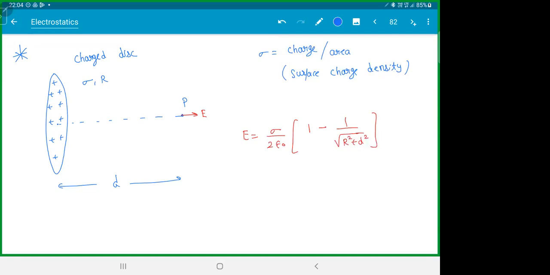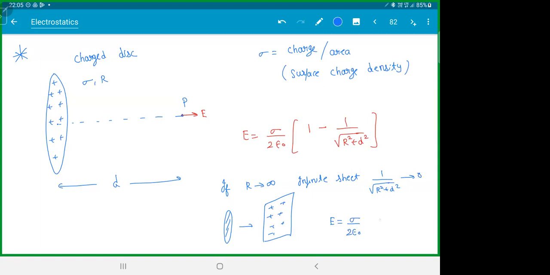Now this result, if you make r tend to infinity, means if you make the radius of the sheet very big, then what will happen? The disk actually becomes an infinite sheet. If r tends to infinity, the disk becomes an infinite sheet, and this term 1 by root over r square plus d square will tend to 0. You get a pretty interesting result. You get the field equal to sigma by 2 epsilon, which is constant. Means if you have an infinite sheet, no matter how far you go, the field will always be constant, sigma by 2 epsilon. Check this out.